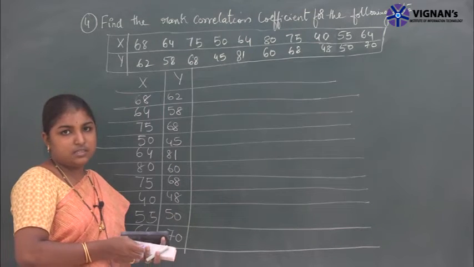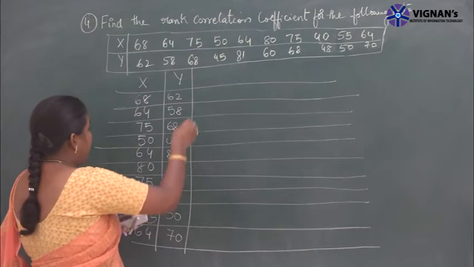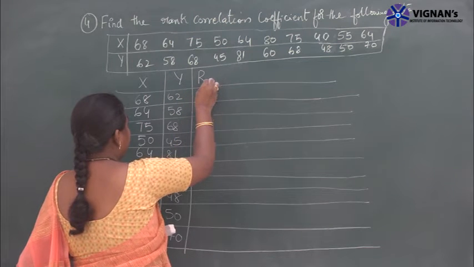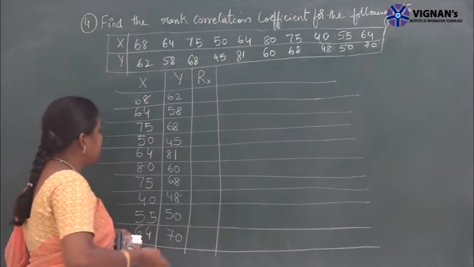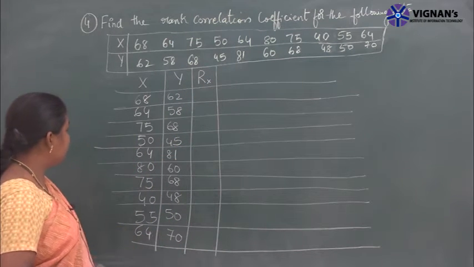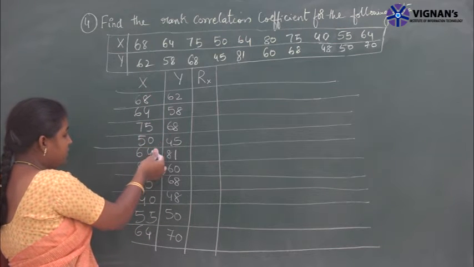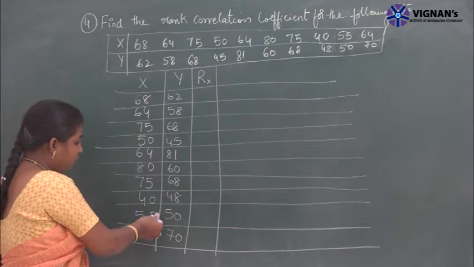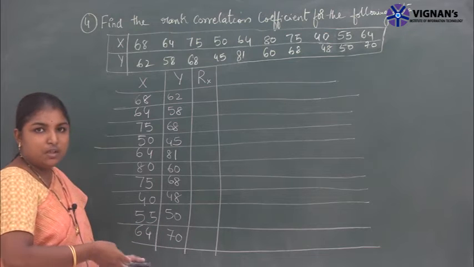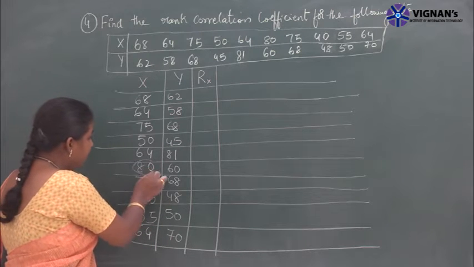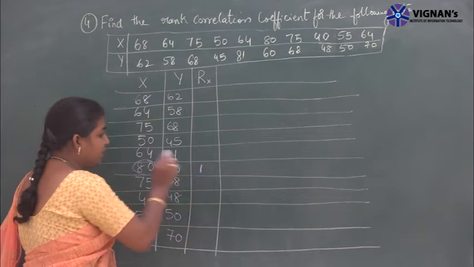Giving the ranks of x and y values. The ranking of x values we denote by Rx. So now we select the first maximum value from the x values: 68, 64, 75, 50, 64, 80, 75, 40, 55 and 64. So 80 is the maximum value, and we give it rank 1.